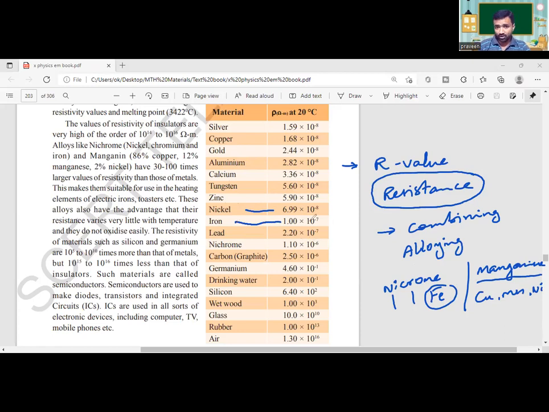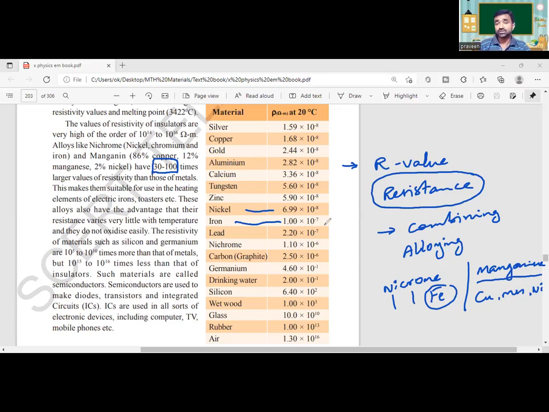By combining nickel, chromium, and iron, you are changing the resistivity nearly 30 to 100 times.